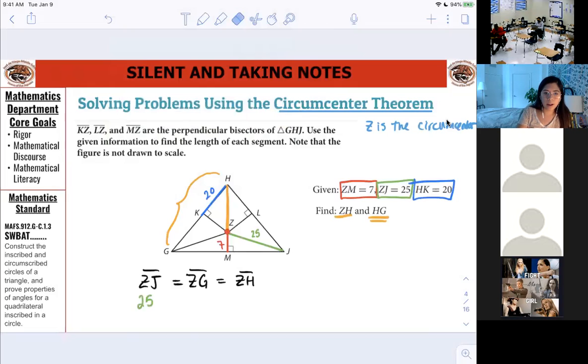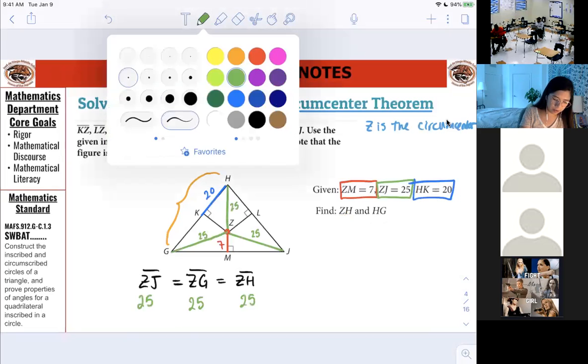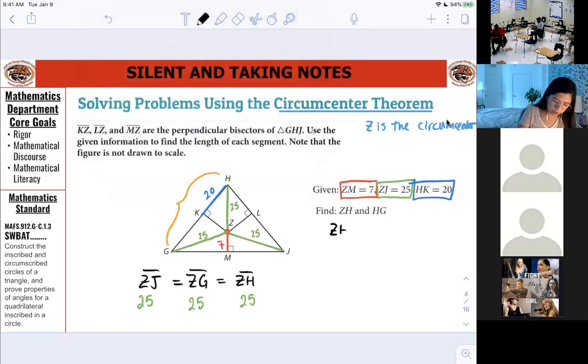Good, Perla. I already know that these three line segments are equidistant. So if one of them is 25, all of them have to be 25. So all three of these are 25. Let me fix that. Okay, so I already know ZH, so I can answer that part. ZH equals 25. Now I need to figure out what is the measure of HG.